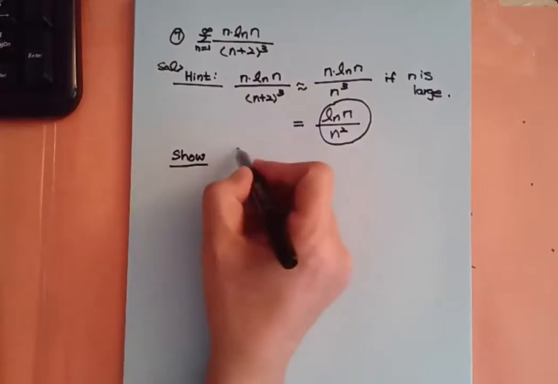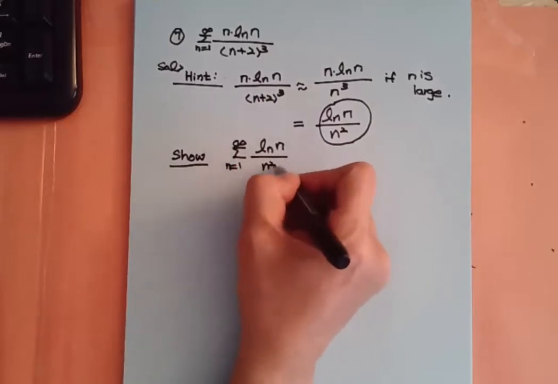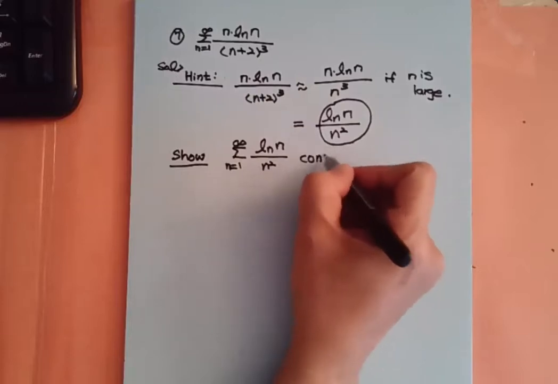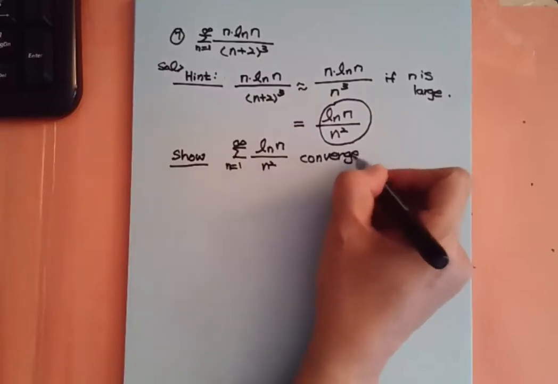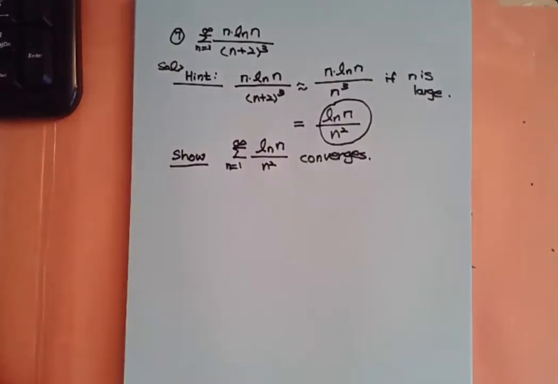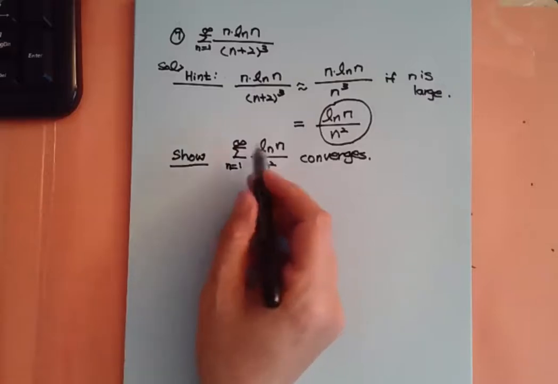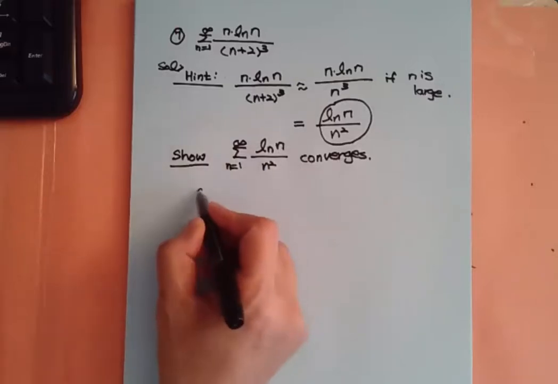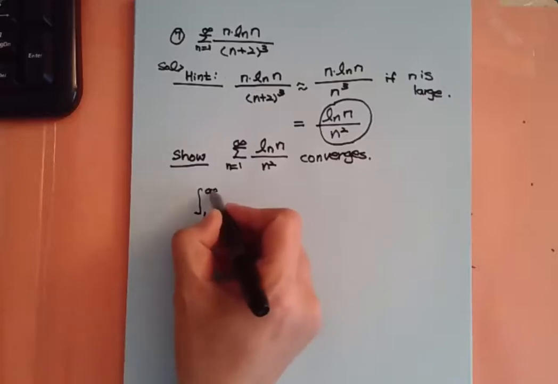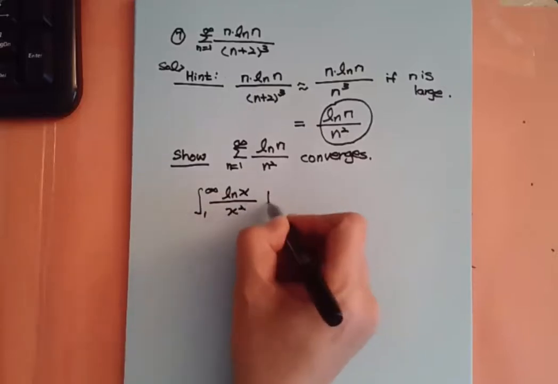So let's show that the summation n equals 1 to infinity, natural log of n over n squared converges. We want to use the integral test. So we will think about the integral from 1 to infinity, natural log of x over x squared dx.